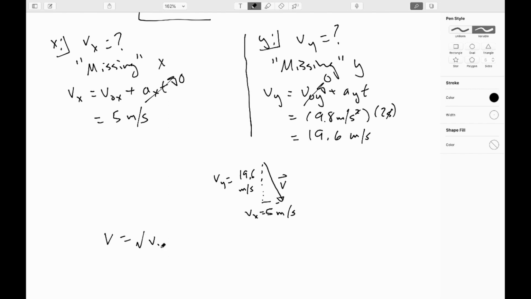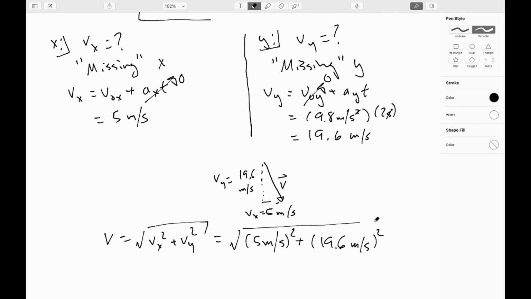It's the square root of Vx squared plus Vy squared. So this would be the square root of 5 meters per second squared plus 19.6 meters per second squared, which is still 20.2 meters per second. So whichever way floats your boat.